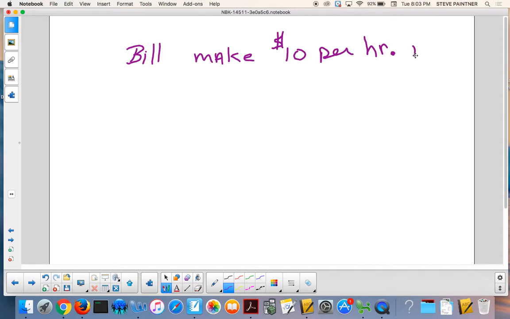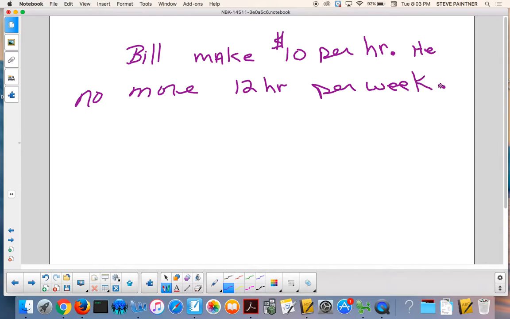Okay? And let's say he works no more than 12 hours per week. Okay? So you'll get story problems like this. And then they're going to ask you this. What's the independent variable? What's the dependent variable?